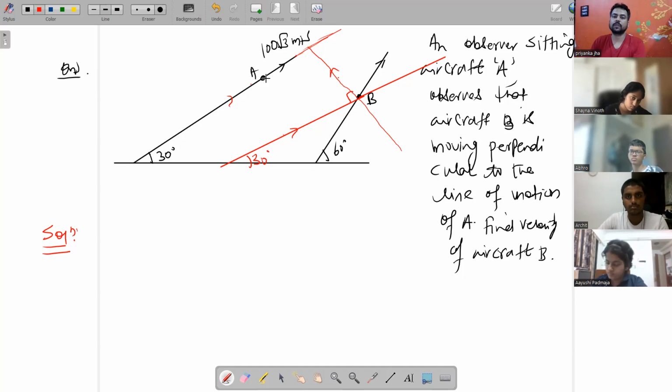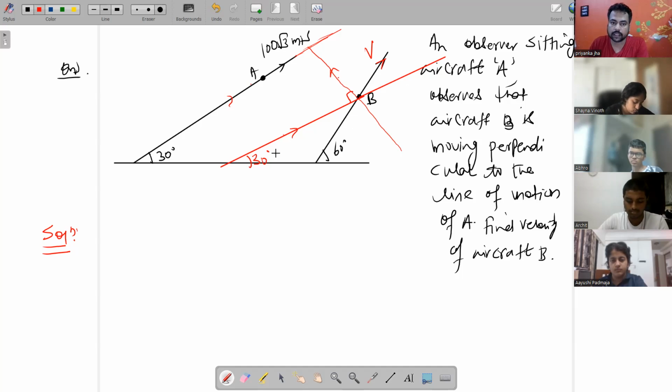Because A is the observer, whatever velocity A has will be added in the opposite direction to the velocity of B. Now B is moving with some velocity, let's say V. If this angle is 60, we have to break the component of V along this line and perpendicular to this line.